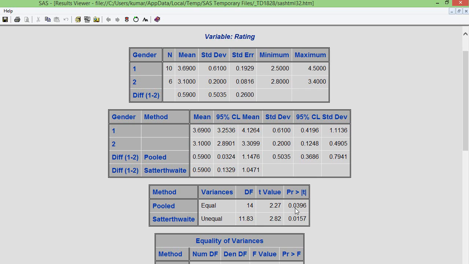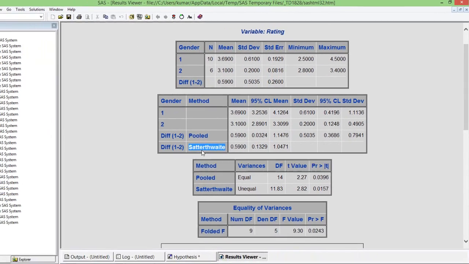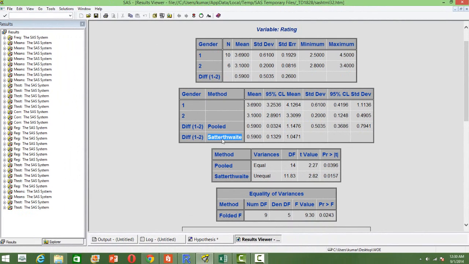So if it is assumed that the variance of the male population and the female population is the same, we use what is known as the pooled method, and if it is not the same, we use a different method, something that is a bit difficult to pronounce. Okay, so this is the one.